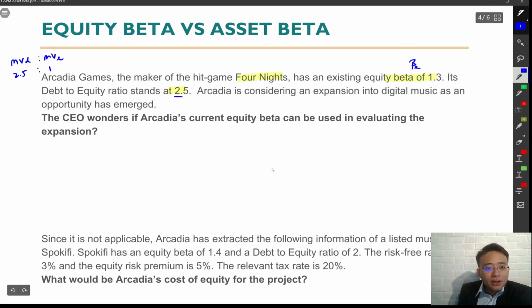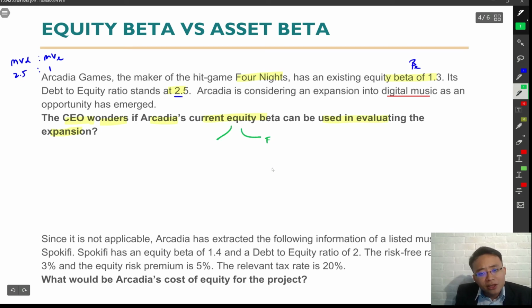Okay? Arcadia is considering an expansion into digital music as an opportunity has emerged. Question. The CEO wonders if Arcadia's current equity beta can be used in evaluating the expansion. Expansion into what? Reminder, expansion into digital music. Now, what is the problem here? The problem here, people, is the current equity beta.